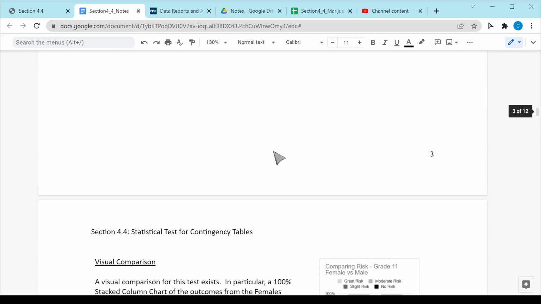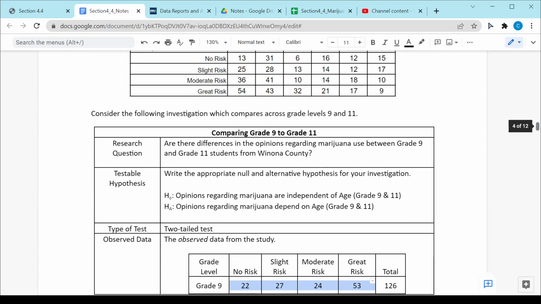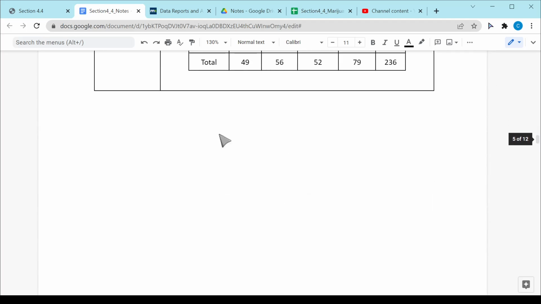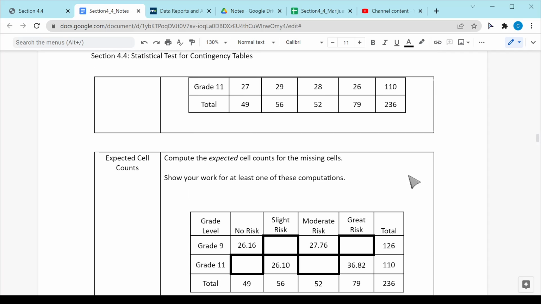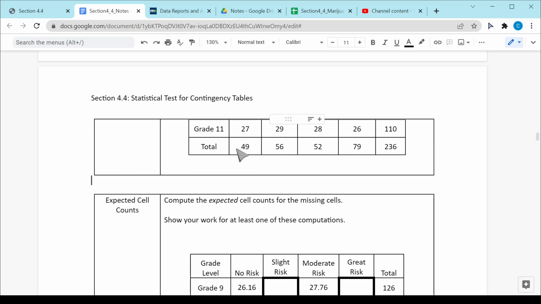And then again, I need to compute the expected. So looks like here's my expected counts. Again, this is going to be a two-step process. So I take the 49 divided by the 236.